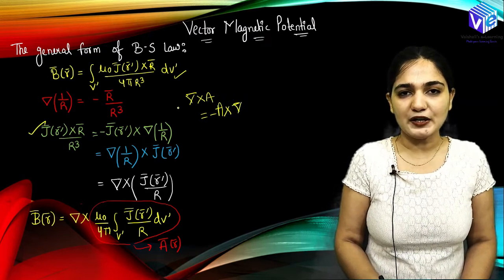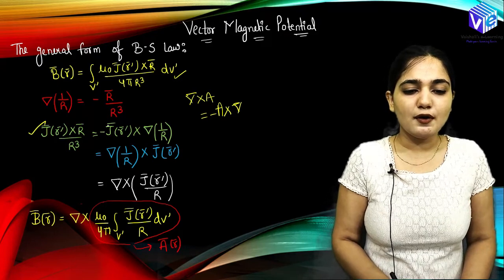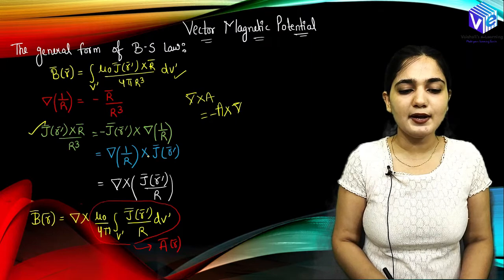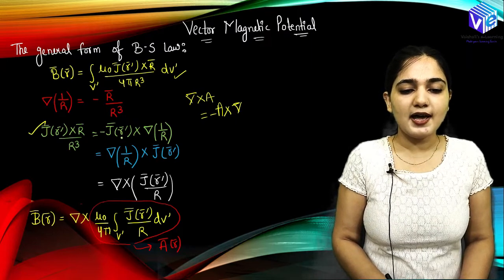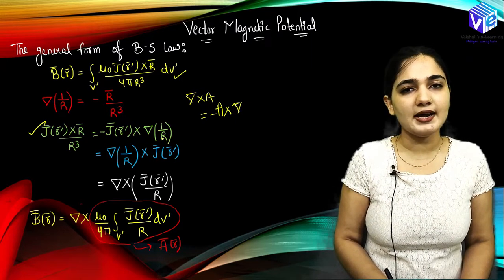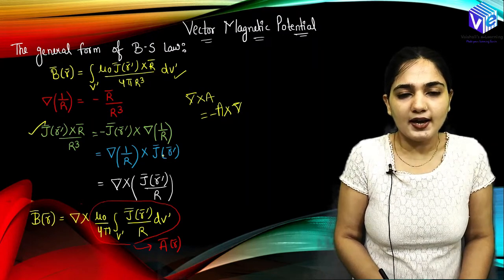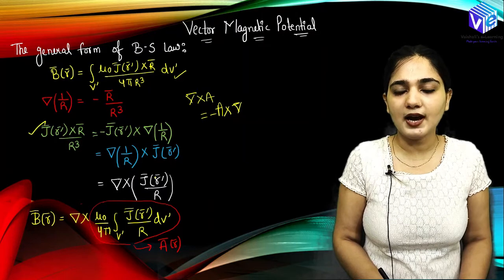So this is the property of the curl that we all know. I can represent this equation as del of 1 by r cross Jr, so I have changed the position of Jr and del of 1 by r. Now Jr is not dependent upon r.